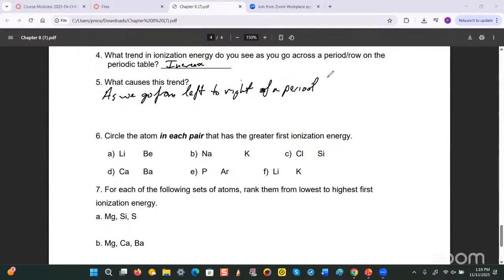Let's say we take period 2, starting with lithium.